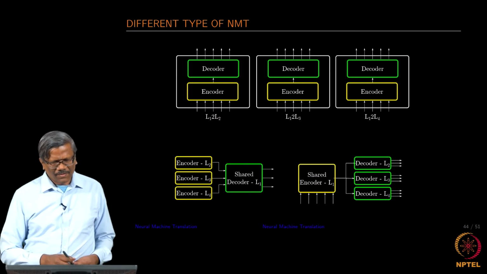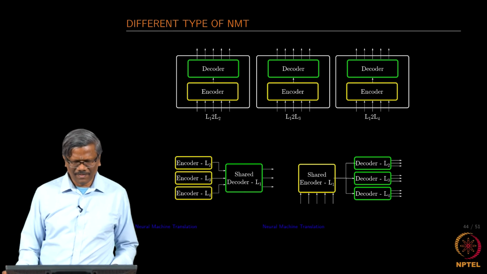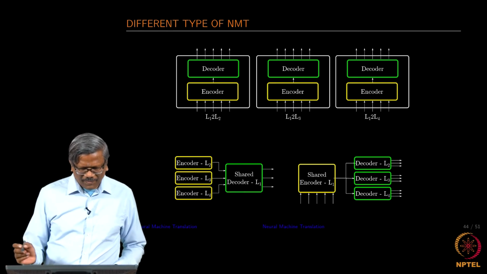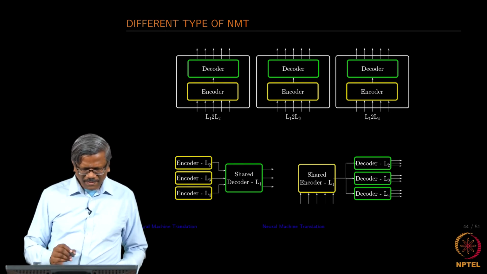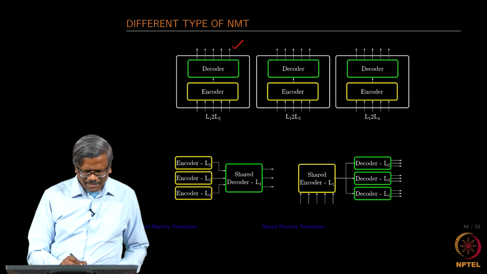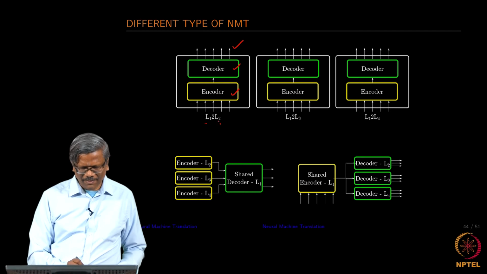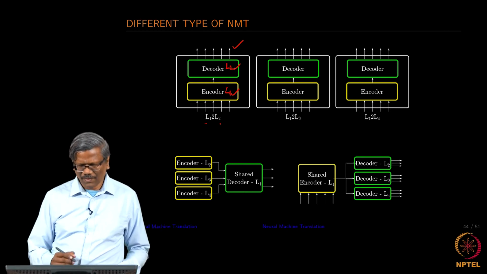Okay. So now we look at different types of NMTs. So here, this is what we saw, right? There is an encoder, there is a decoder. So for a pair of language pairs, language 1 and language 2, we are going to be translating from language 1 to language 2. So L1, L2, right?